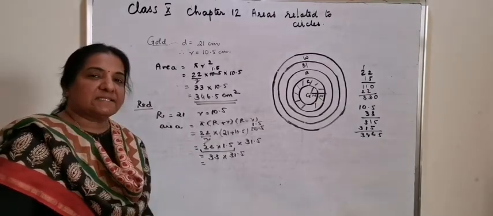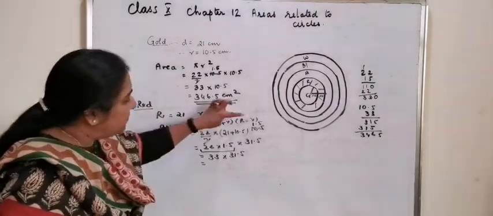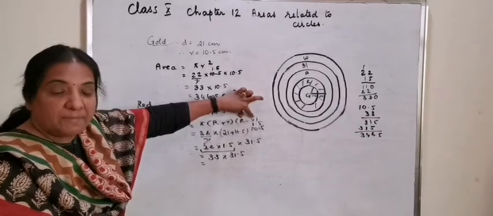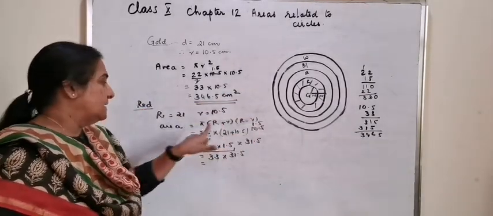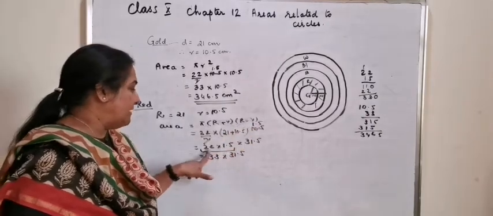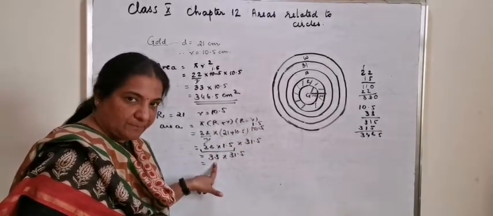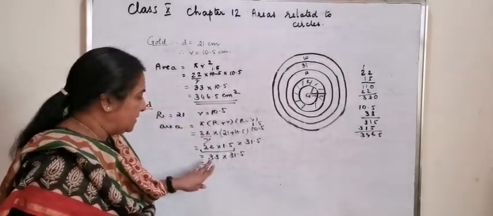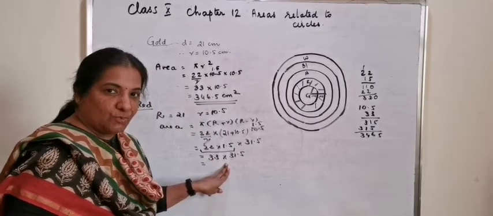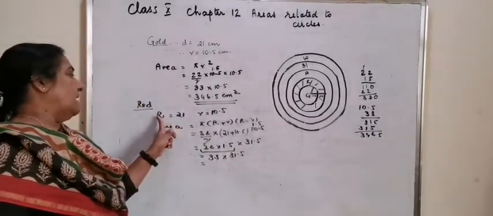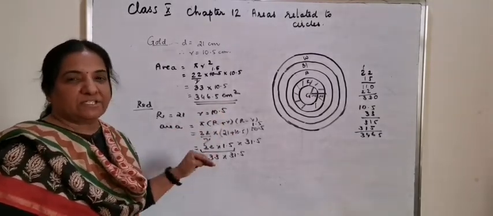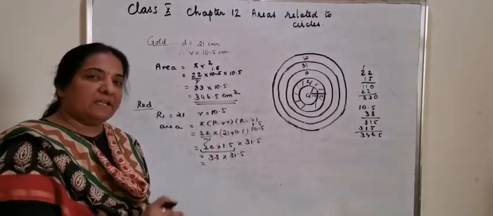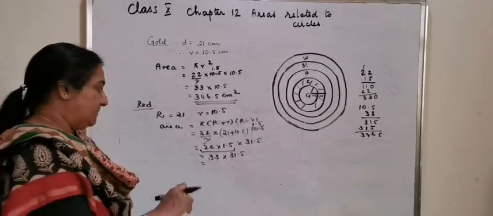So at each step, the width of the ring, that is R minus r, will always be 10.5, and 22 into 1.5 is already calculated as 33. At each step it will be 33 into whatever the outer radius plus inner radius is. This calculation can be made simple if you understand this concept.